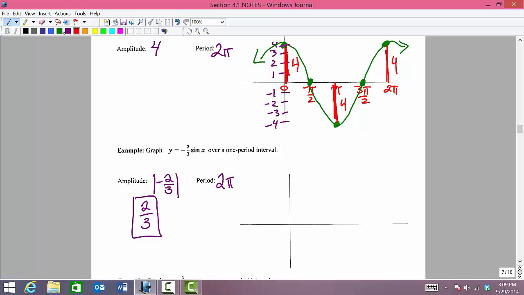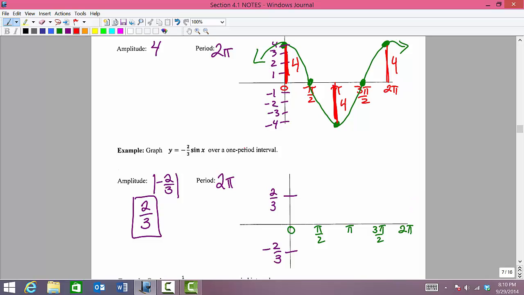And since our amplitude is 2/3, we know that our graph will be compressed vertically to be a distance from the middle to the top and from the middle to the bottom of 2/3. Since our period is still 2 pi, we will label our points from 0, pi over 2, pi, 3 pi over 2, and then back to 2 pi.